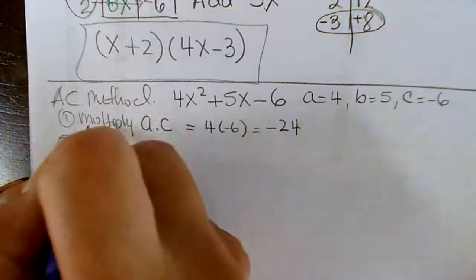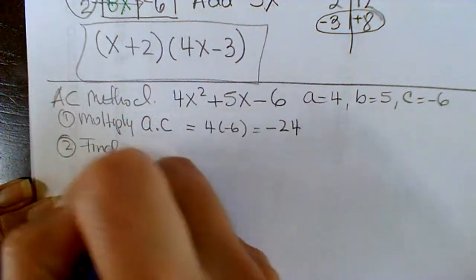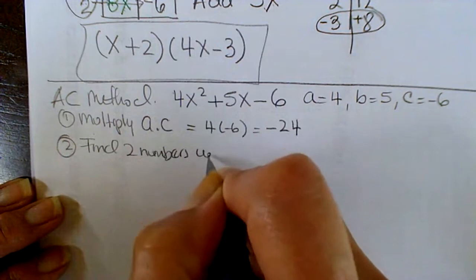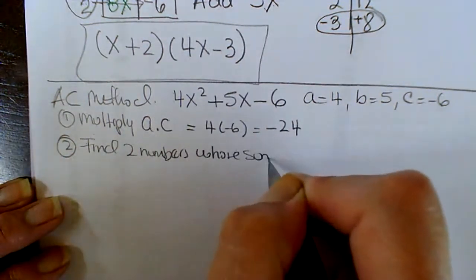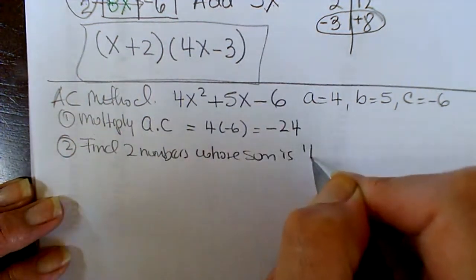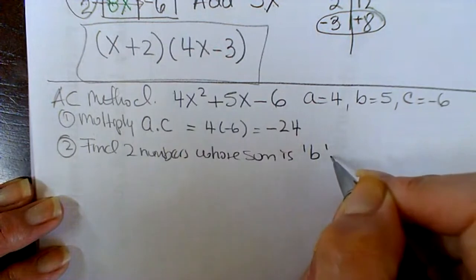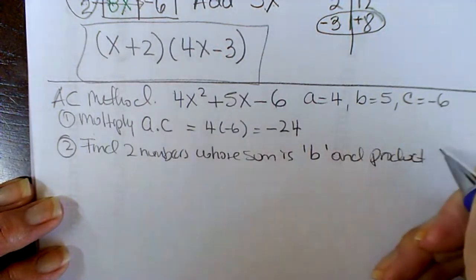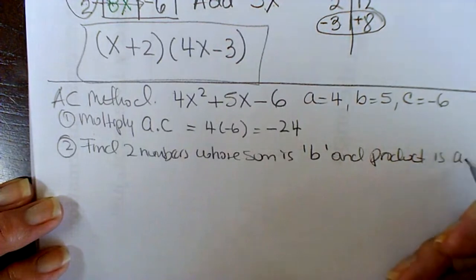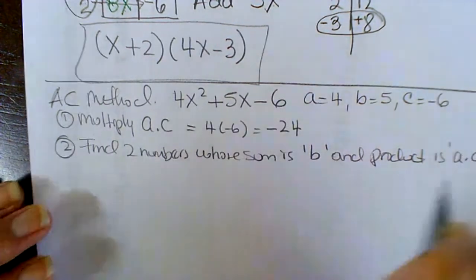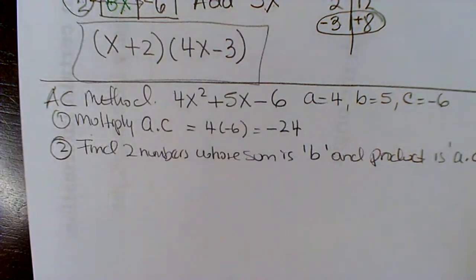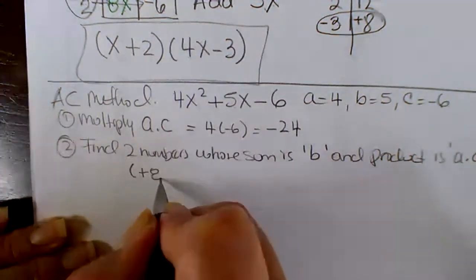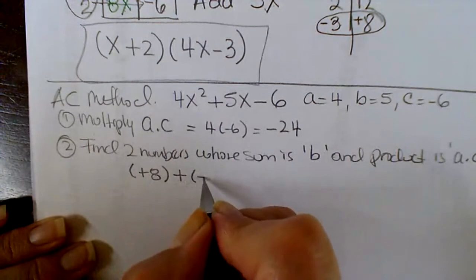So let me write this down. In the second part, we need to find two numbers whose sum is B and whose product is A times C. So it's going to be positive 8 plus -3.